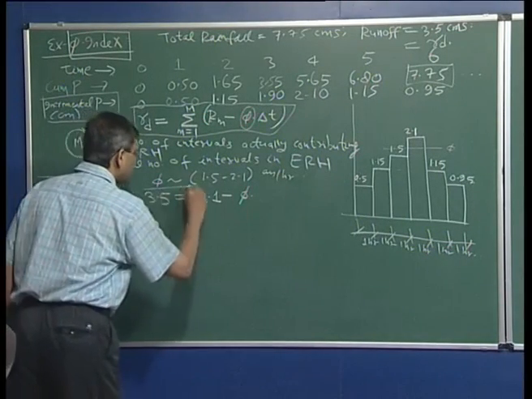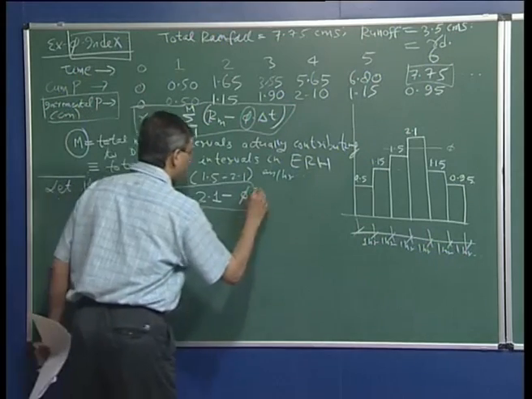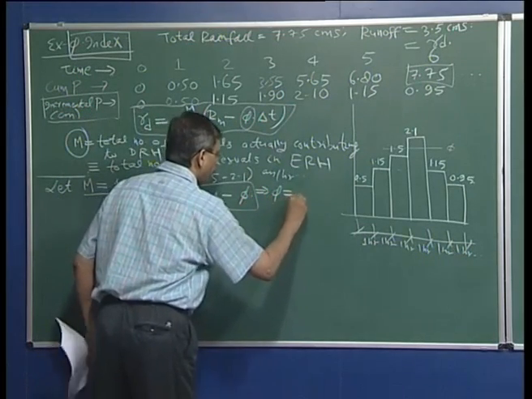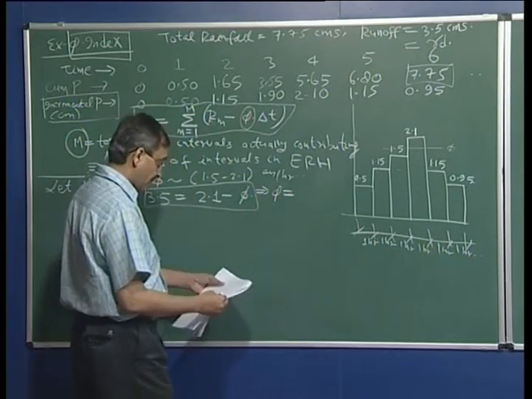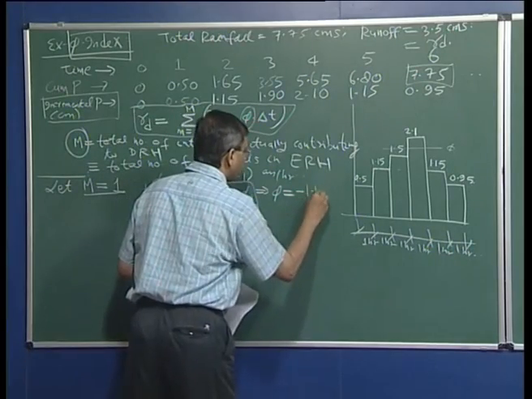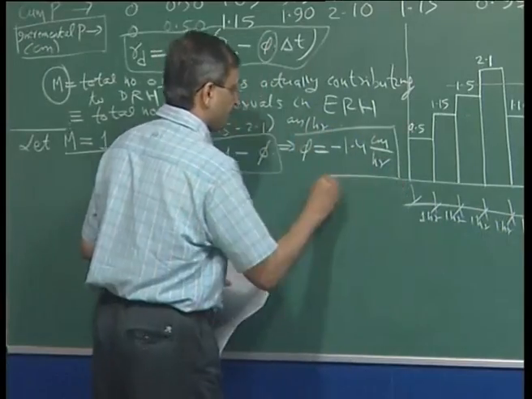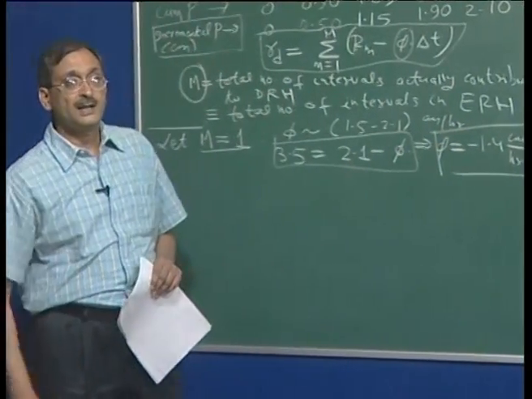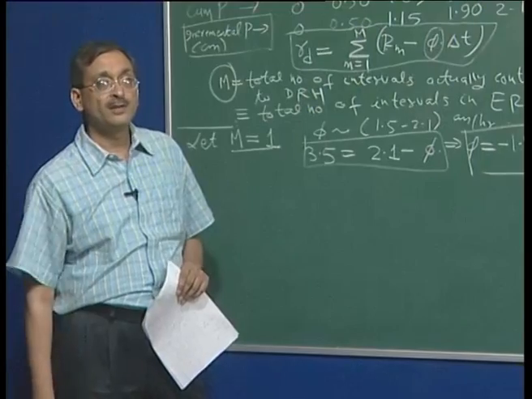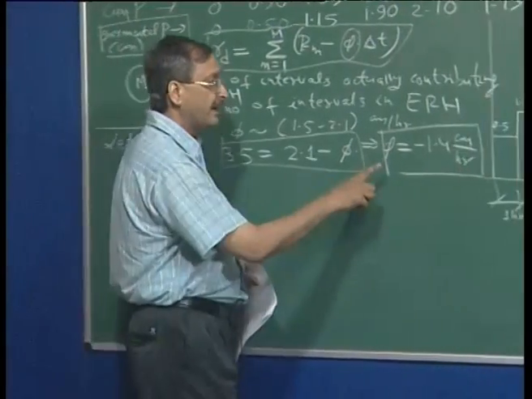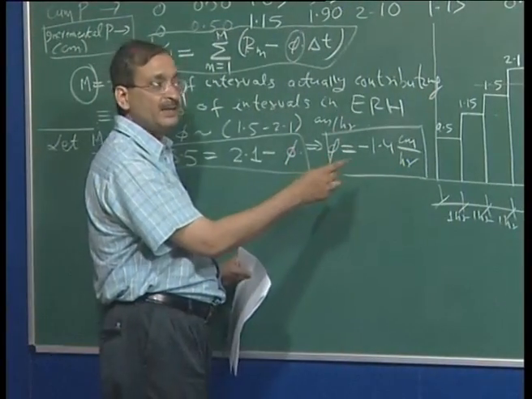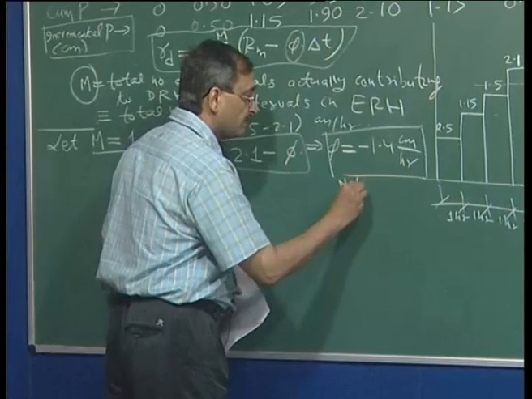So, this equation then will give me the value of phi as minus 1.4 centimeters per hour. Does it look like a correct value? Obviously no, because phi index is something positive, it cannot be negative. So, not possible.